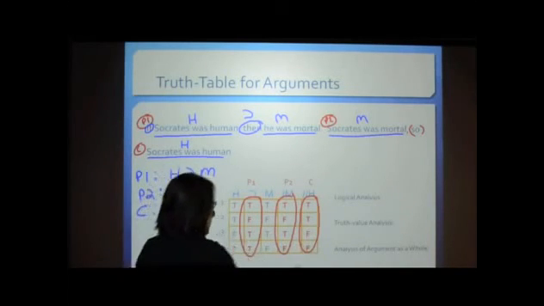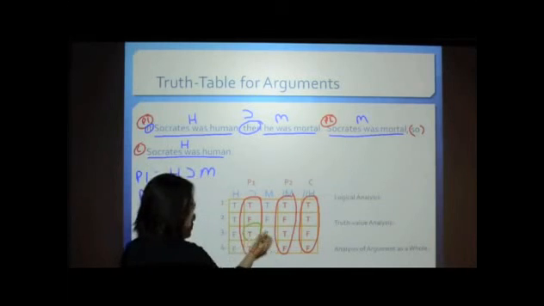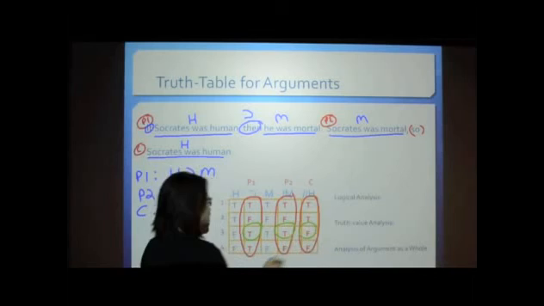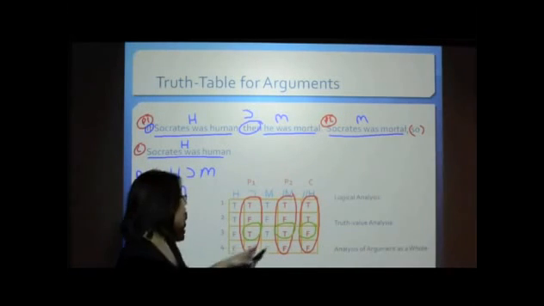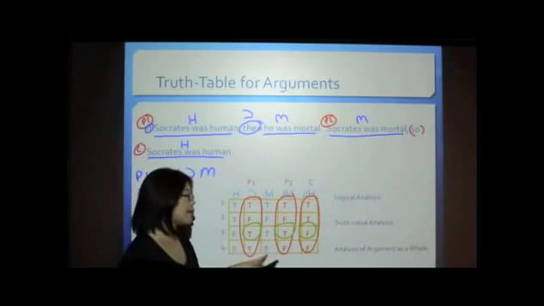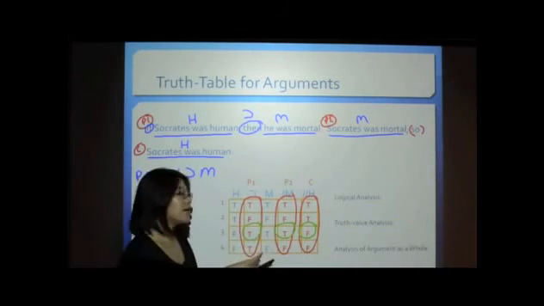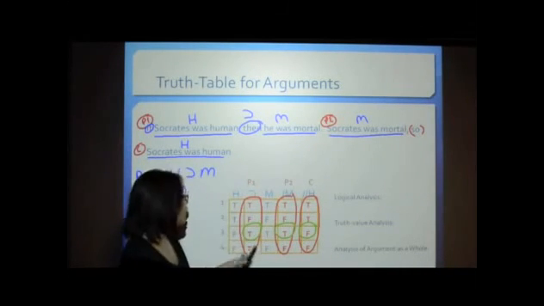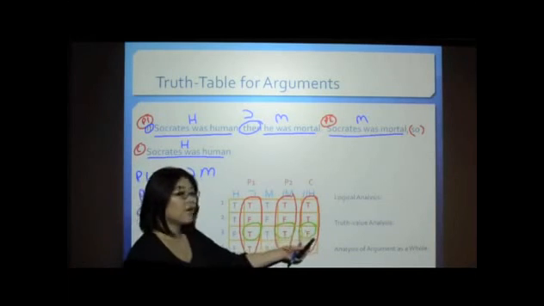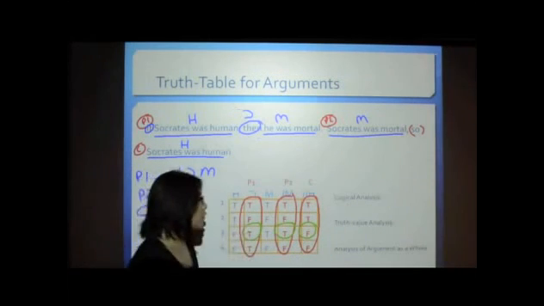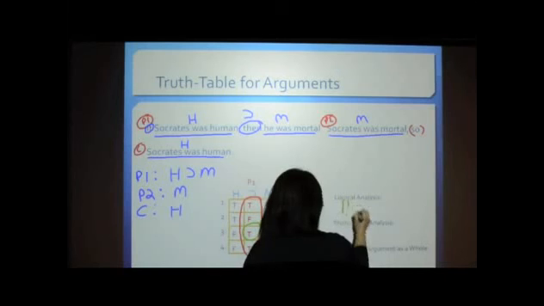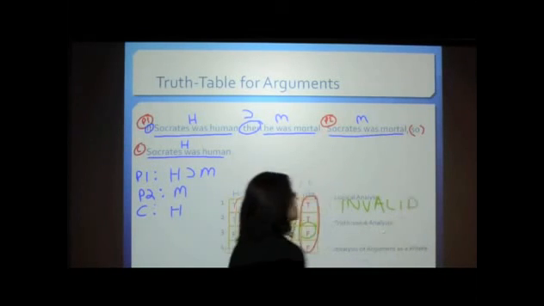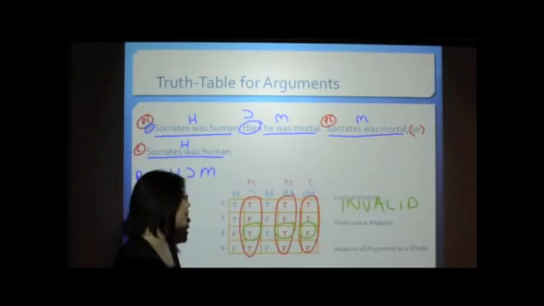So you have a single line where you have true premises, but you have a false conclusion. Because we were able to find this line, that this truth table has a line, at least one, where you have true premises and a false conclusion, this argument is invalid. So logical analysis will tell us that this argument is invalid.